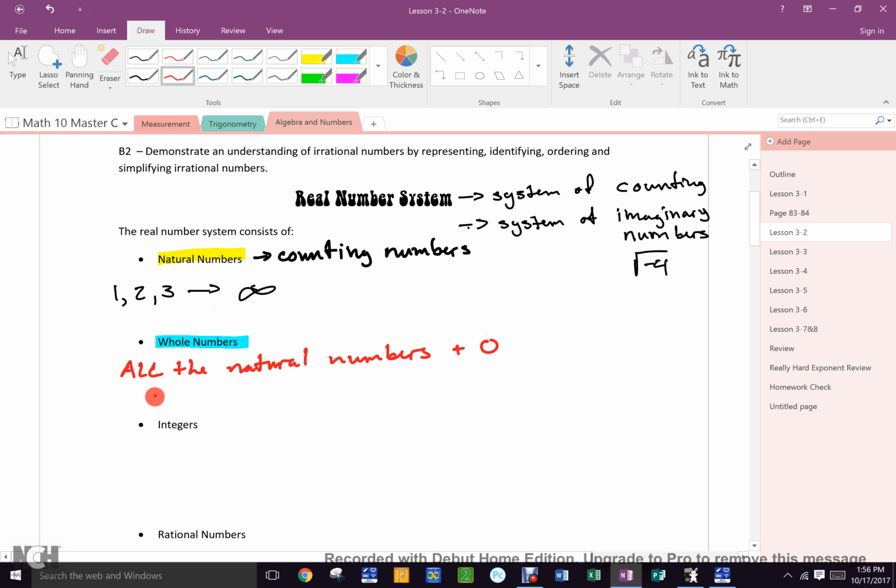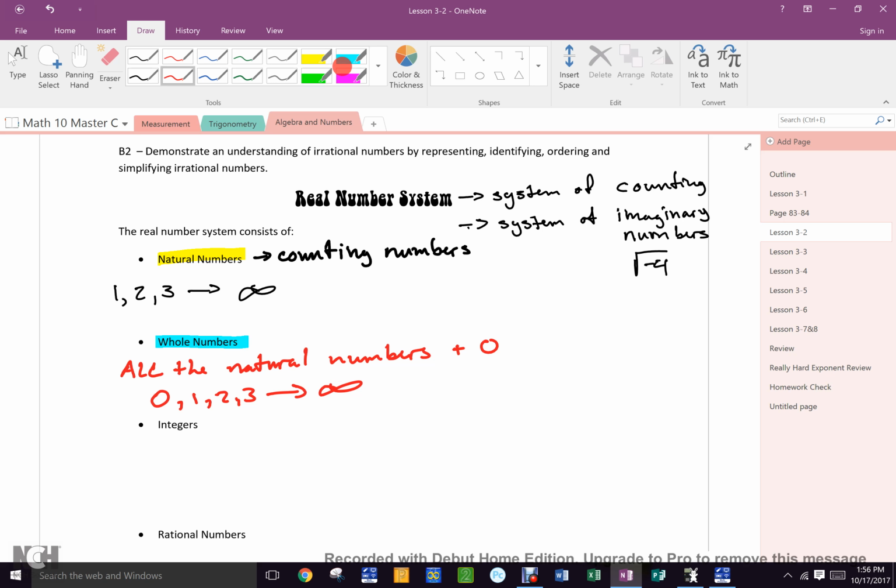So the whole numbers go from 0, 1, 2, 3, up to what? Infinity. So how much bigger is the whole number set compared to natural numbers? 1. 1 number bigger. 0. Got it?